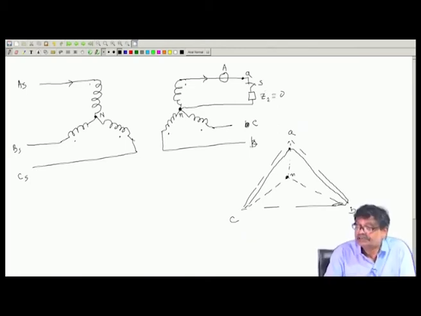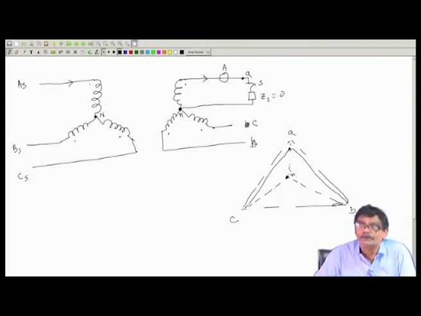Shift means with Z2 it will get to somewhere else. So, in extreme case I told you Z2 equal to 0, n will come here. That is, this is not a stable point of this neutral. This must be understood, and this problem will be much more grave if 3 single phase transformers with different cores are used.